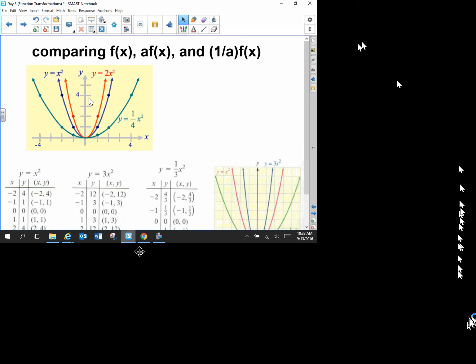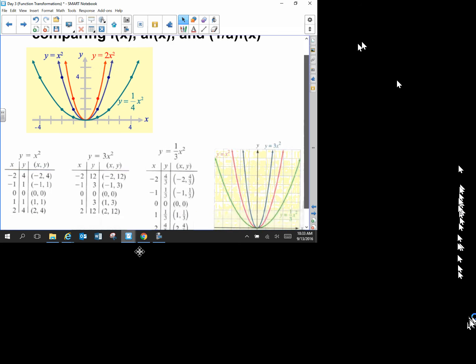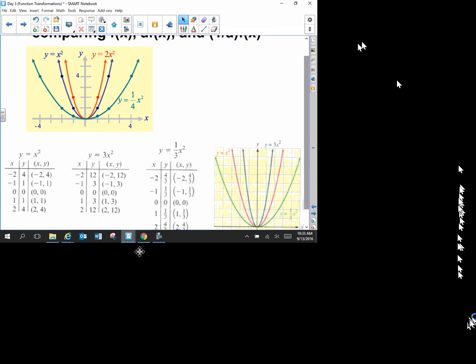You can see right up here I have the t-chart for 3x squared. As I do that, I'm tripling all the y coordinates. I'm squaring my values still, but the x values stay the same and my y values every time are tripling. This amount tripled. This amount, I can't triple 0. That amount tripled.